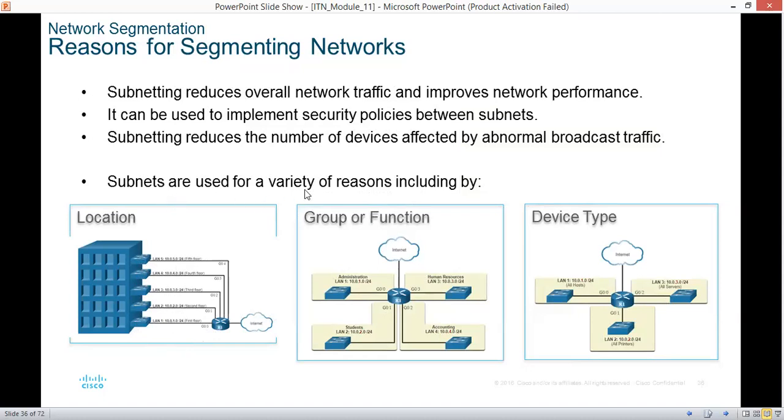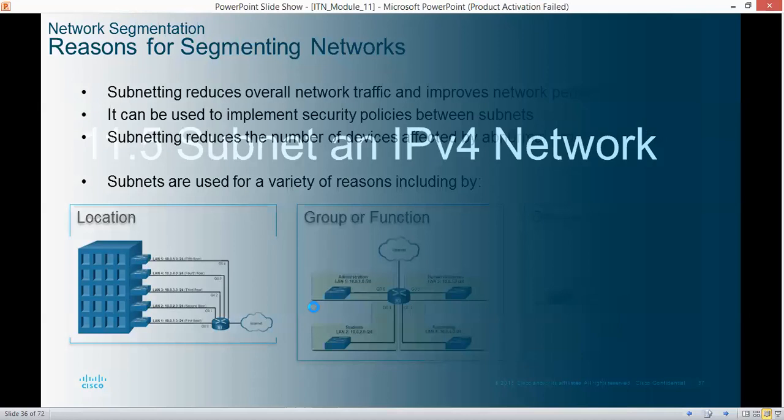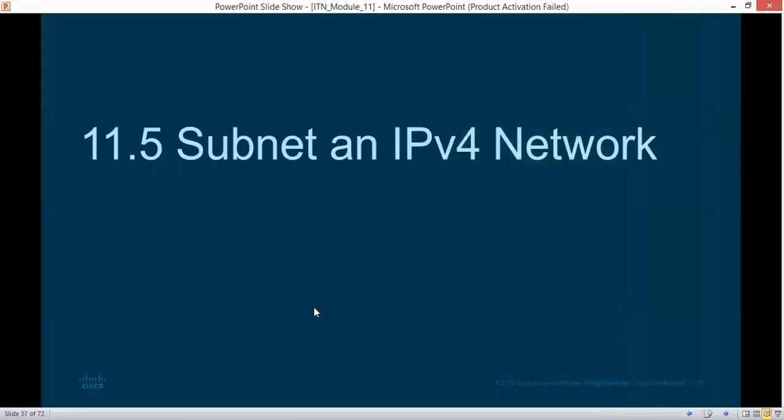So subnets are used for a variety of reasons, including by location, group function, device type. So please, in summary, segmentation helps to reduce broadcast, helps in terms of security policies, and eases management of the network.